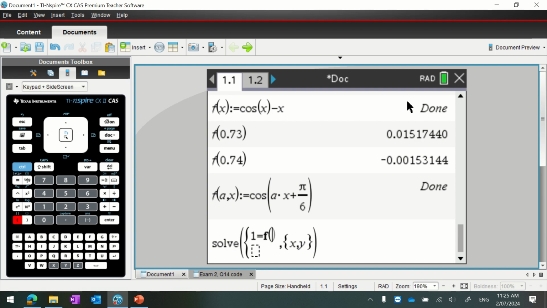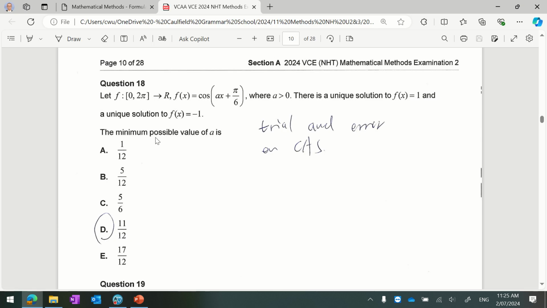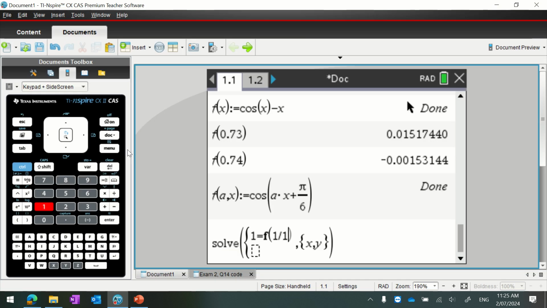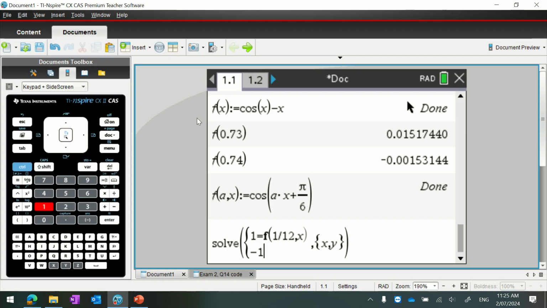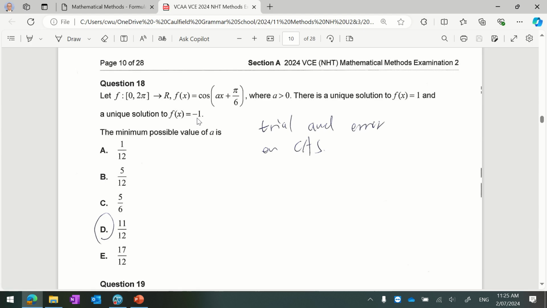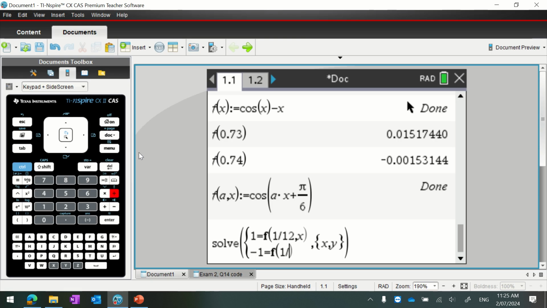So 1 is equal to f, and then you put the first option in. So a is 1 over 12, x is still x. And then the other equation is negative 1, and it says there's a unique solution to that. Again, I'm trying option A, so 1 over 12 x.